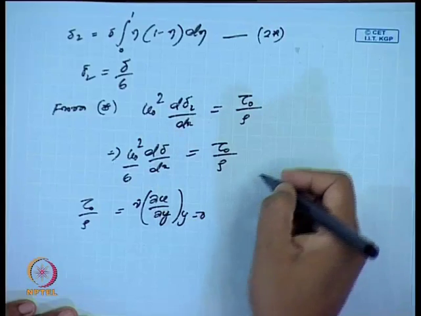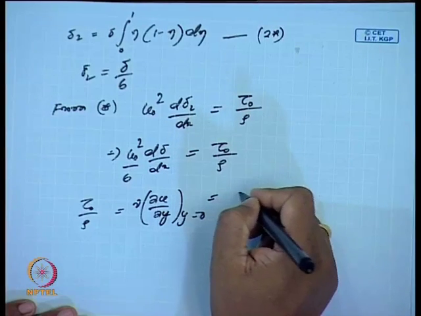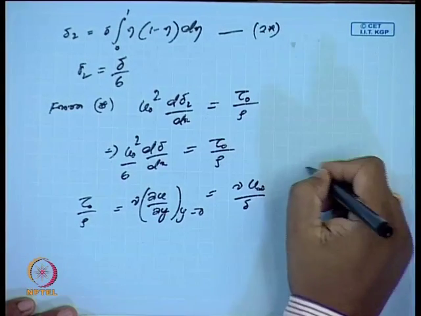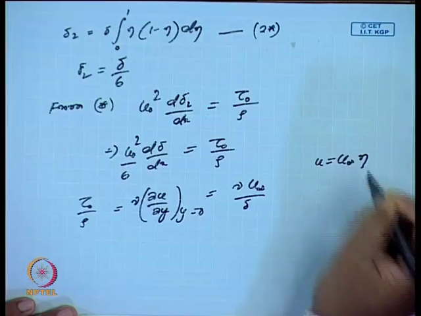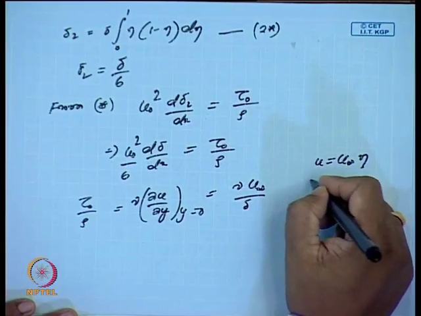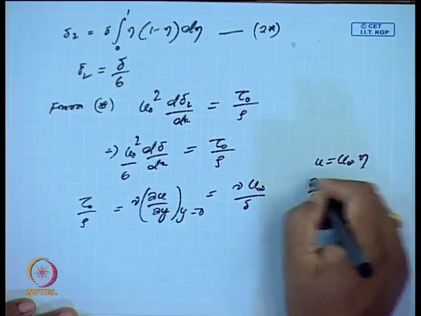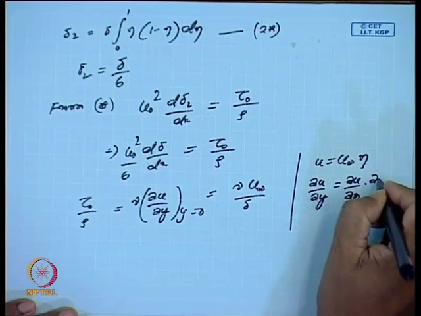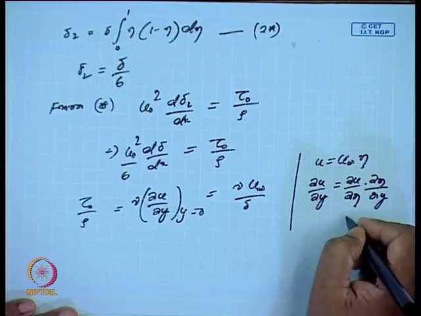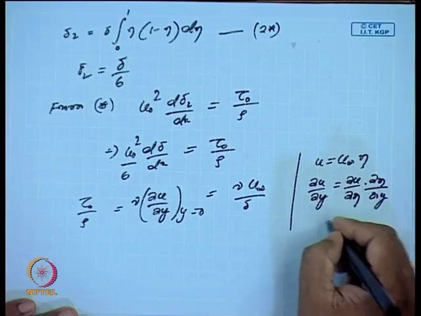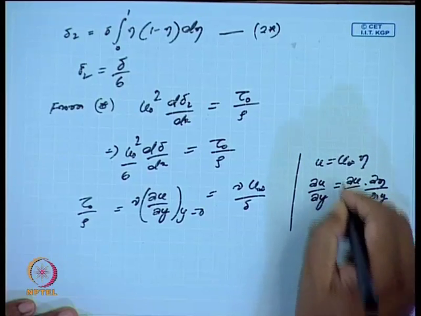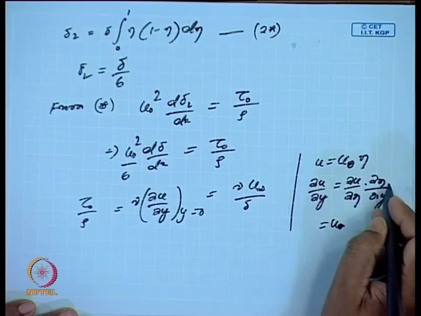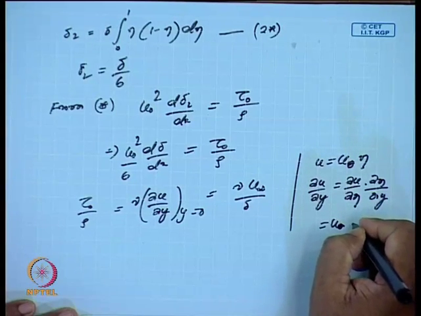Since u is u naught times eta, del u by del y is del u by del eta into del eta by del y, where del u by del eta is u naught and eta is y by delta, so del eta by del y is 1 by delta.